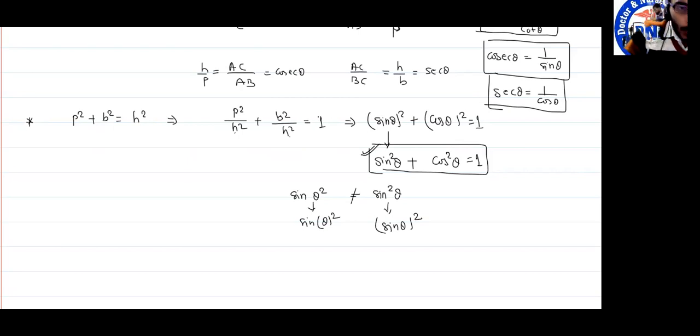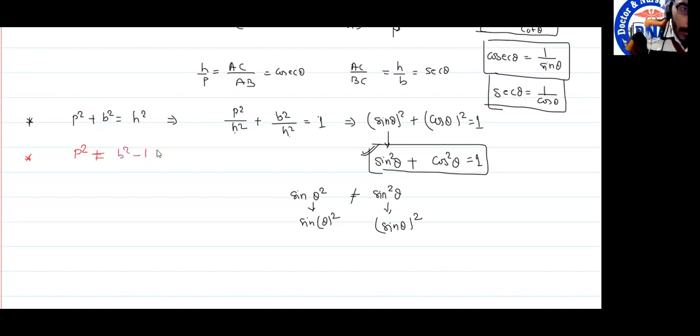You can also see one thing more. Suppose I take this base toward the other side, so this is p square is equal to h square minus b square.